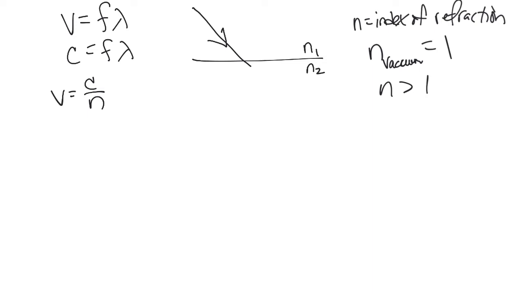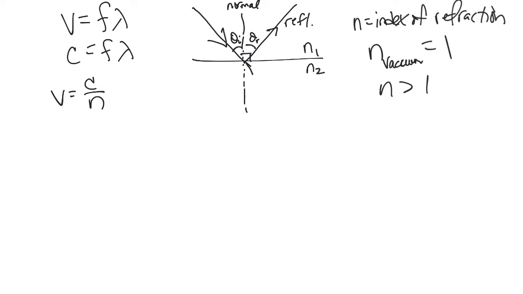When light moves from one medium to another, we measure angles from something called the normal, the line that's 90 degrees to the boundary. If it has an incident angle of theta, when light hits a boundary it will reflect, and the angle of reflection is equal to the angle of incidence.